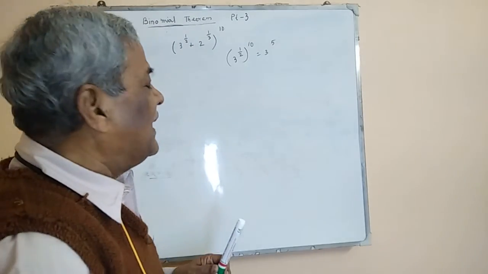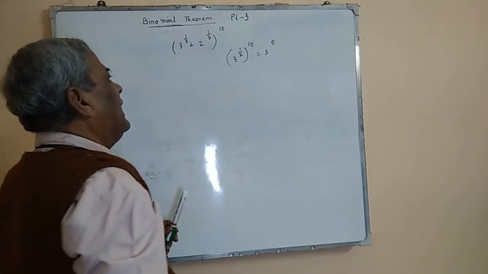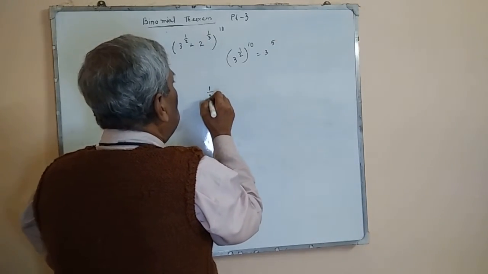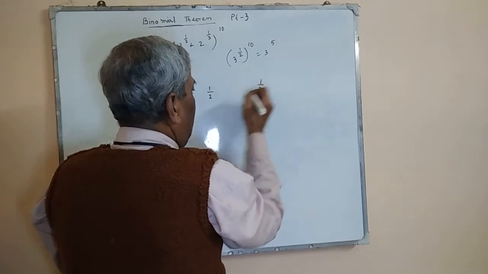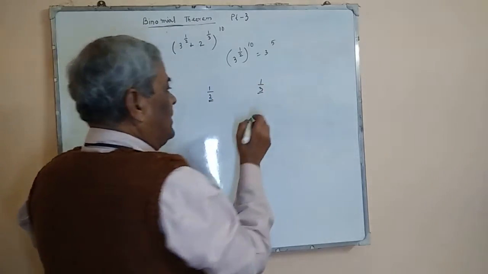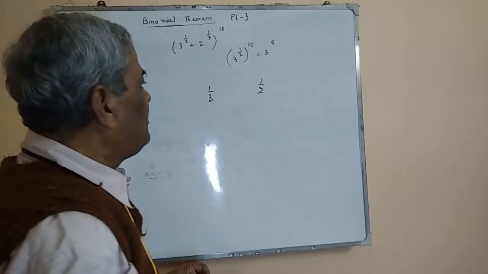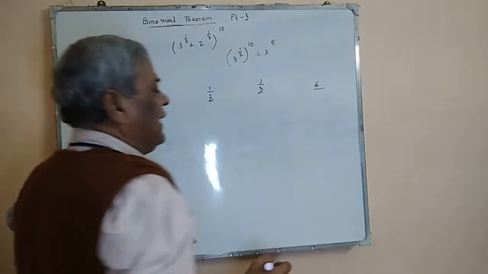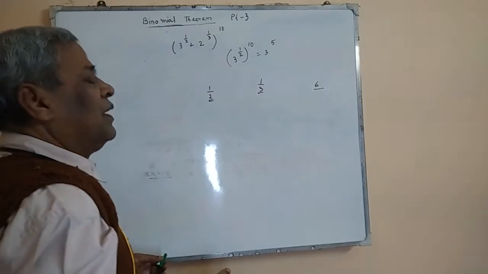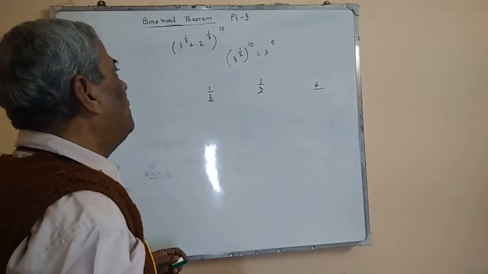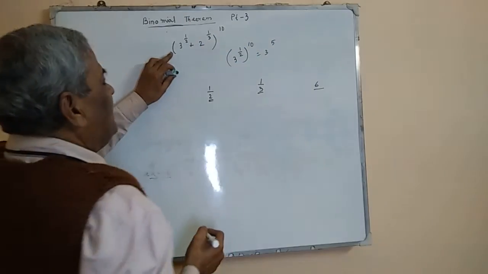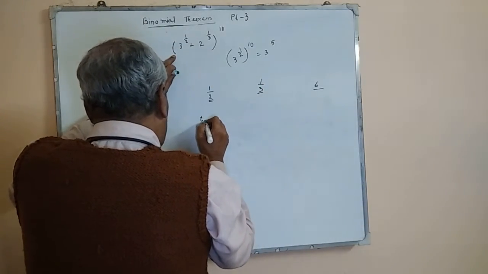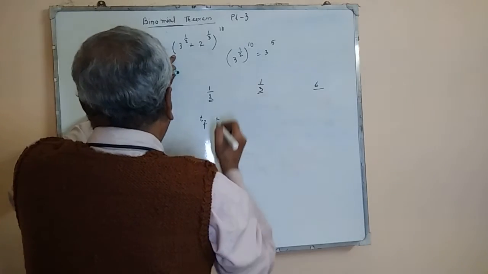In fact, as I told you last day, the power of 3 is 1/2 and the power of 2 is 1/3. The denominators of the powers are 2 and 3. Their LCM is 6. So it is clear that after every 6 terms there will be an integer. Every 6 terms means the first term is an integer, so the 7th term is also an integer.